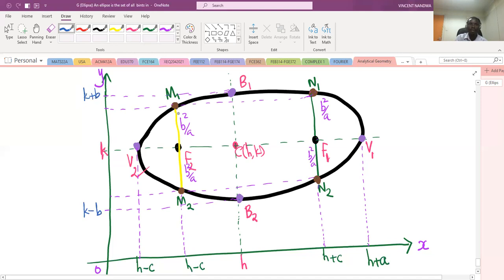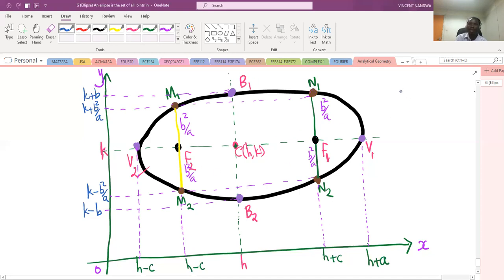This one is b squared over a, so this will be k plus b squared over a, and here we'll have k minus b squared over a.